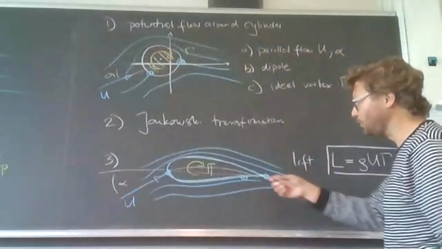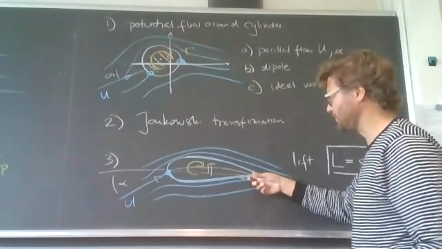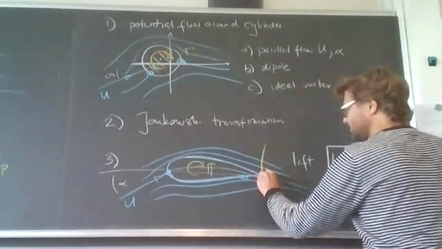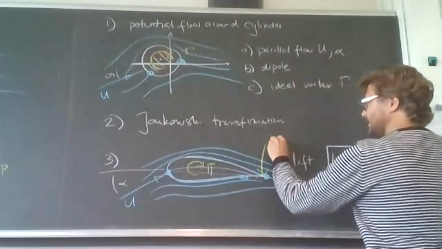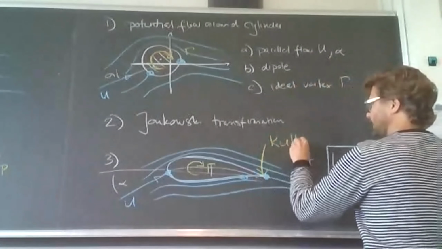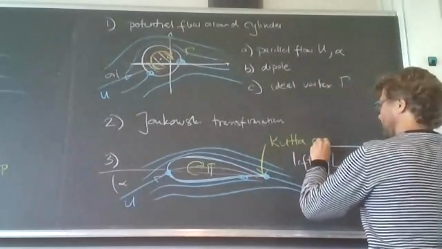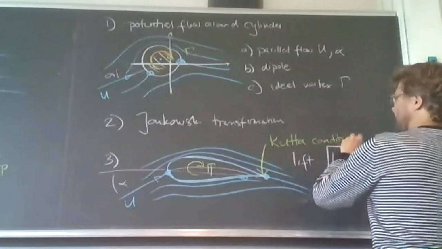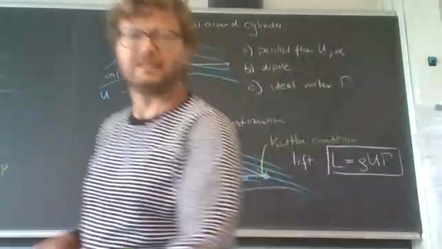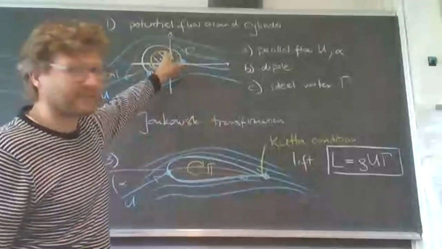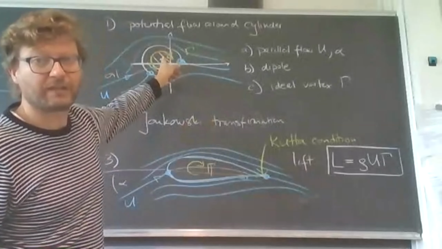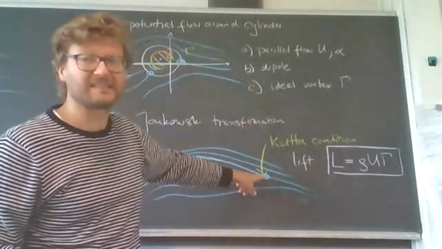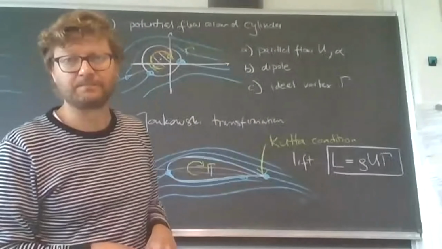This is why the Kutta condition, that's what it's called, says: please select the circulation such that the stagnation point is exactly at the trailing edge.